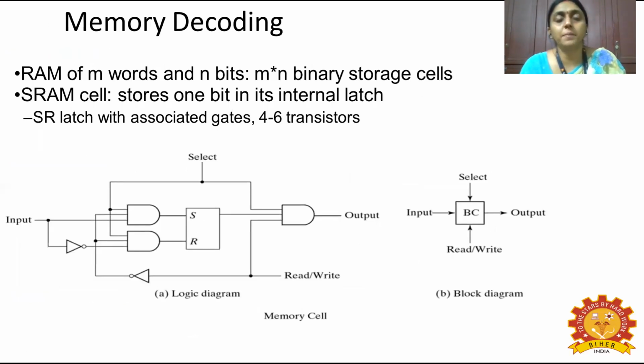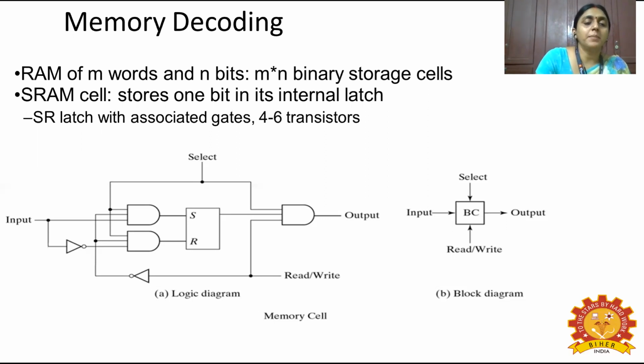And now we will see memory decoding. A RAM of m words and n bits is given by m times n binary storage cells. The static RAM cell stores one bit in its internal latch, an SR latch with associated gates, where 4 to 6 transistors are involved.